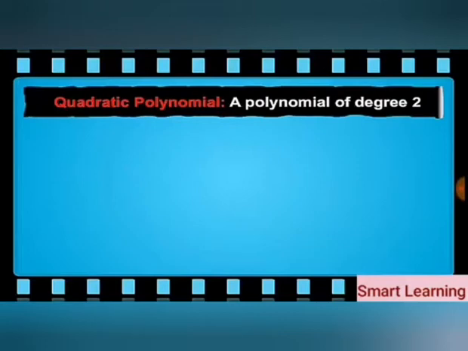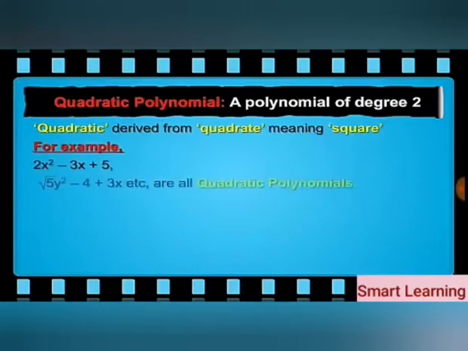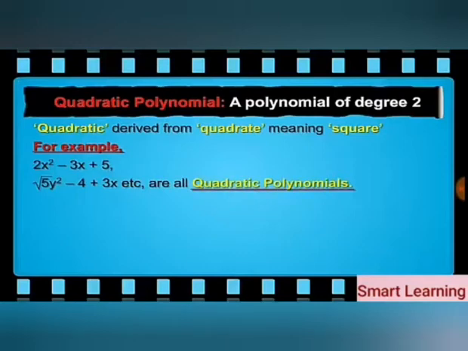And here, children, the word quadratic has been derived from the word quadrate, which means square. Here you can see some examples: 2x square minus 3x plus 5 and root 5 y square minus 4 plus 3x, etc. are all examples of quadratic polynomials.